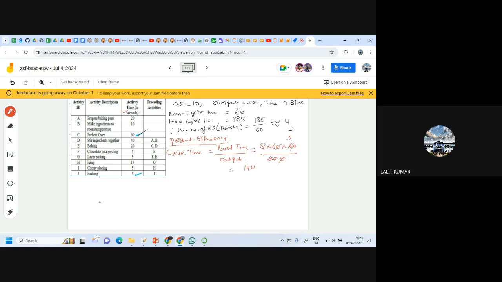So this is 144. Now the percentage idle time will become 144 into 10 minus the sum of this, which is 185. The number of workstations is 10, so 10 into 144, into 100. That is 1 minus 185 over that.